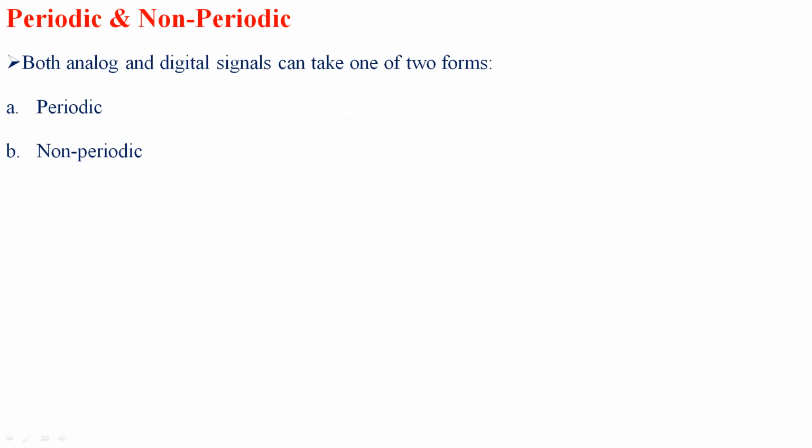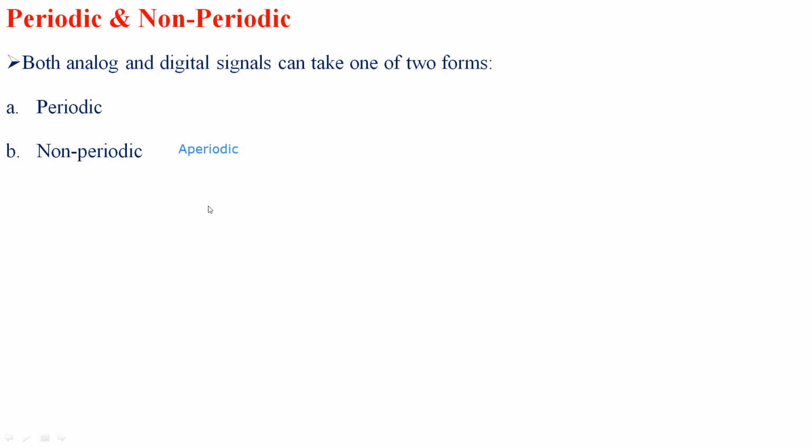Sometimes non-periodic is also called aperiodic. Why? Because the prefix a in Greek means non. So a prefix a is nothing but non in Greek terminology. Sometimes non-periodic is called aperiodic.